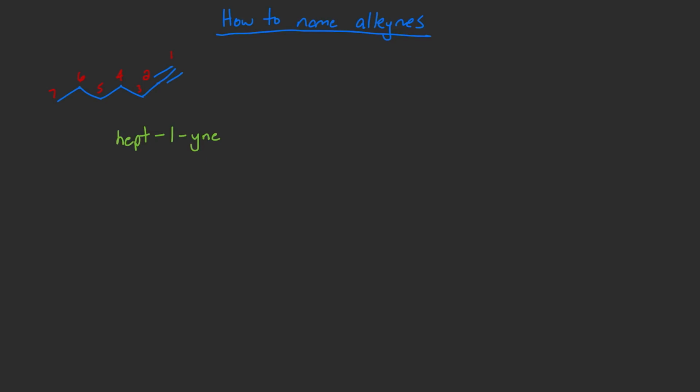So if we take the same molecule, so we'll take another 7 carbon chain with the terminal alkyne, but now on the opposite end of the molecule, let's add a bromine. So now on one end of the carbon chain we have the alkyne, one end we have a bromine. When numbering the carbon chain for this compound, we are still going to give the priority to the alkyne.